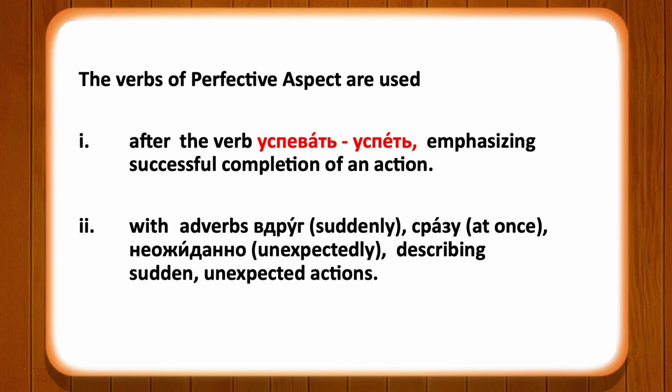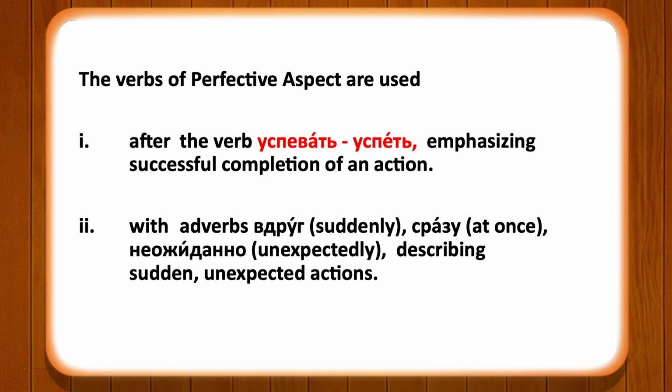The verbs of perfective aspect are also used after certain verbs like успевать, успеть. Успевать, успеть means to succeed, to be able to. After this particular verb, the second verb used will always be of perfective aspect, emphasizing the successful completion of an action.